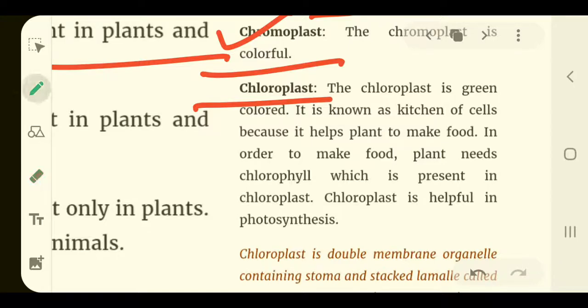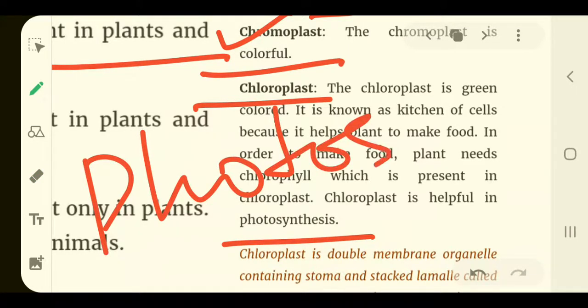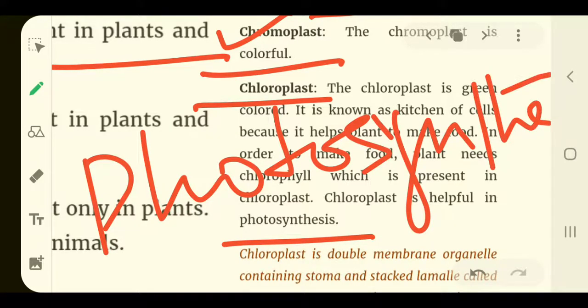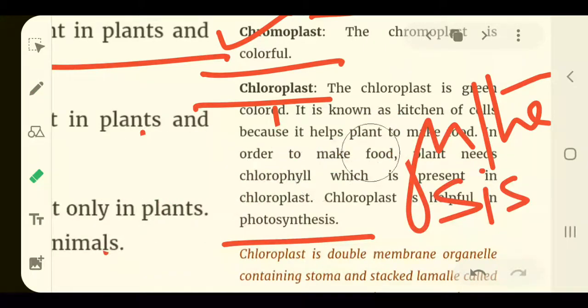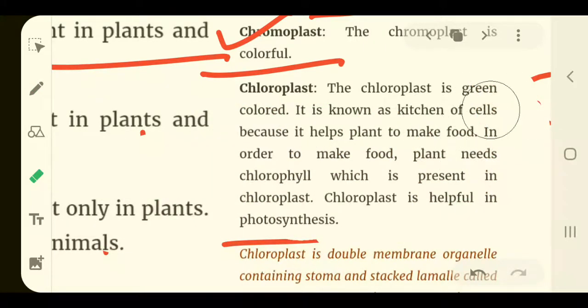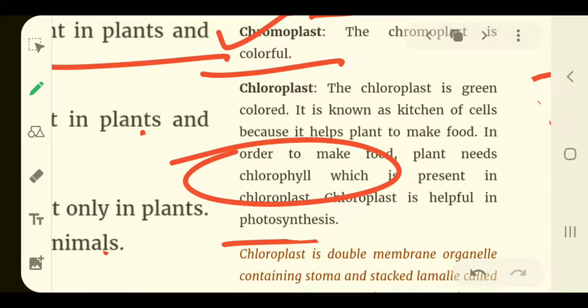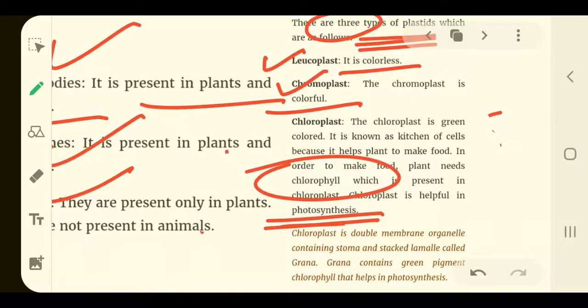Write down this word: photosynthesis is the process by which plants make their own food. Photosynthesis only occurs in the plastids called chloroplasts, because chloroplast has a component called chlorophyll, which traps the light, and then photosynthesis is performed.